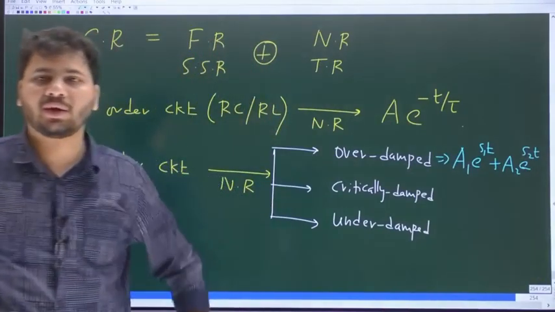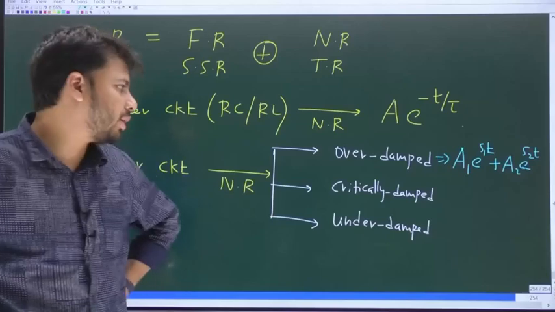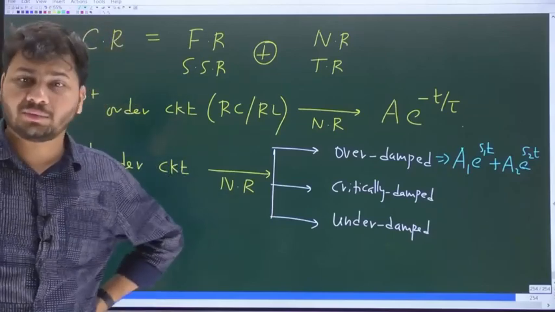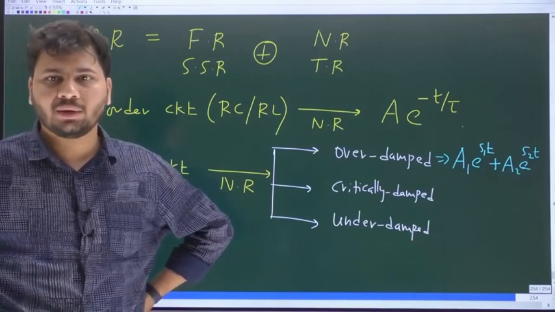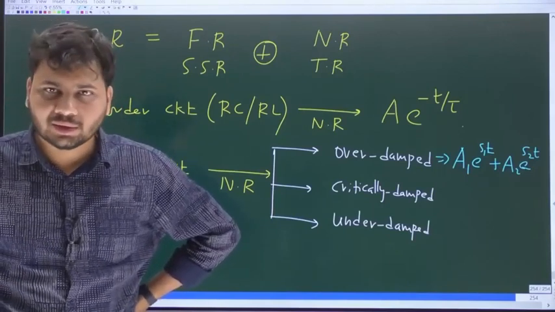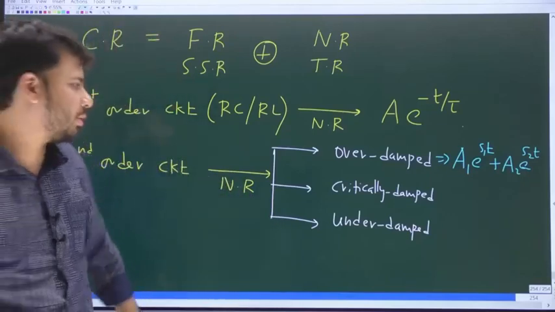What are these s1 and s2? They are the two poles of the second order circuit. How do you get the two poles of the second order circuit? You should form the characteristic equation, and the two roots of the characteristic equation are going to be the two poles of the second order circuit.